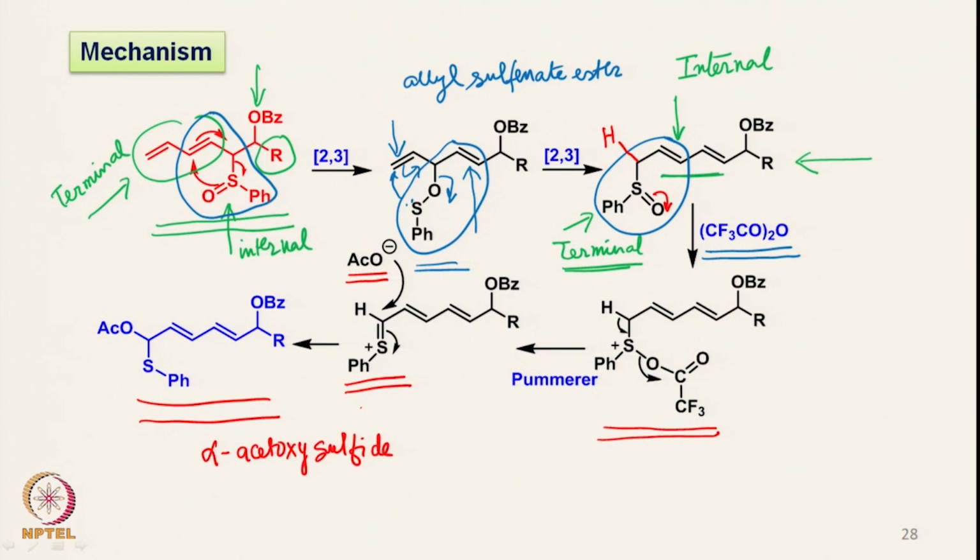This is a beautiful way of converting a very interesting substrate in a very regioselective fashion to this alpha acetoxy sulfide. Now one can carry out many different interesting applications of this highly functionalized molecule to convert it into different intermediates which could be useful in the synthesis of important natural products.